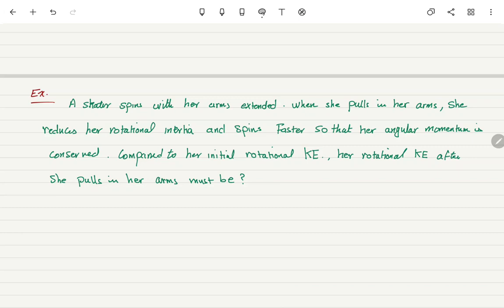Compared to her initial rotational kinetic energy, her rotational kinetic energy after she pulls in her arms must be... The rotational kinetic energy is equal to half I omega squared, and it also equals half L omega, since L equals I omega.